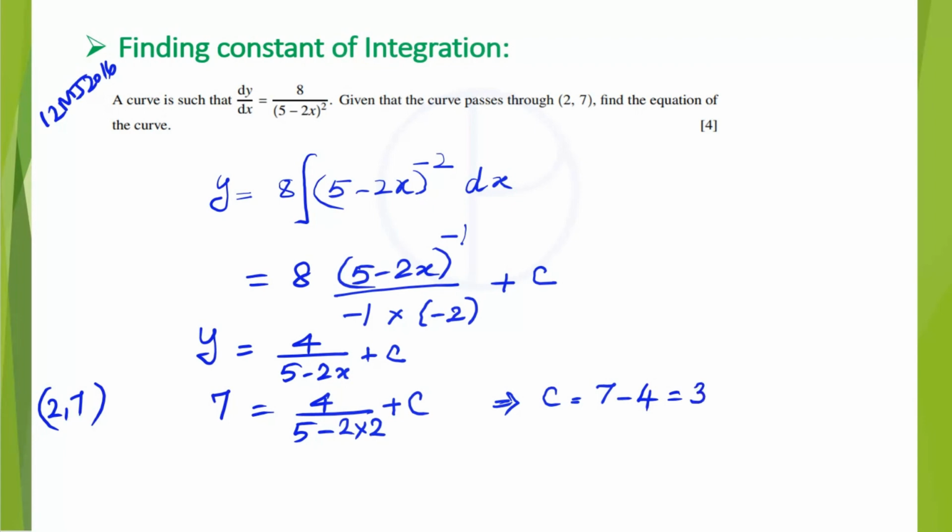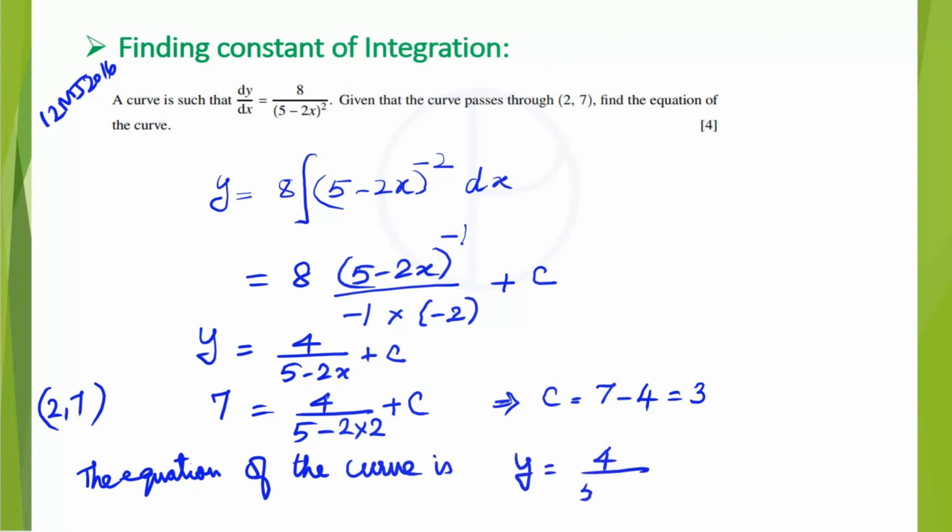So the equation of the curve is y is equal to 4 divided by (5 minus 2x) plus 3.